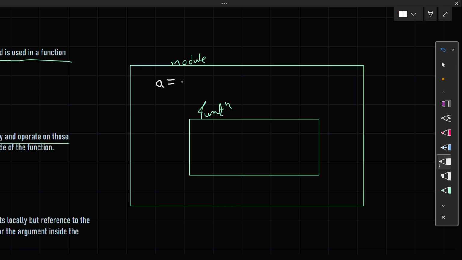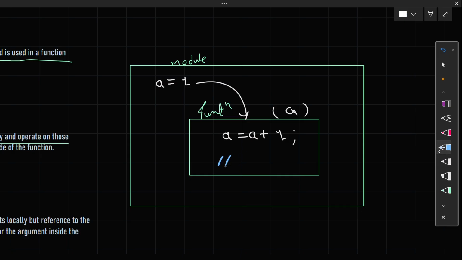Now a is equal to 1 inside our module, but we are using this a as an argument. So this a is a copy of that a. Here, if I have done a equal to a plus 1, a's value will become 2.